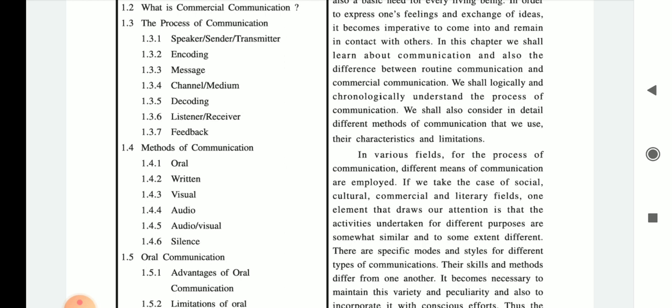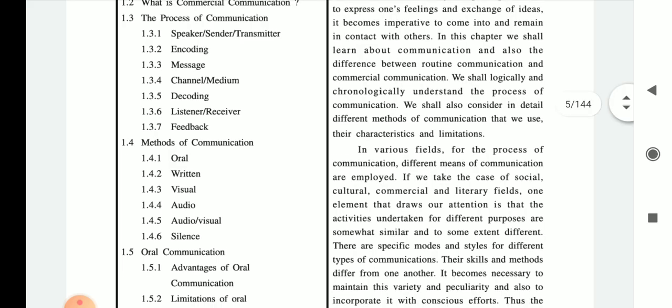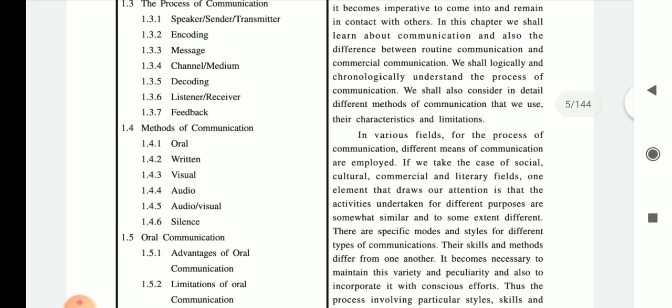But commercial communication means whatever ideas and interaction you conduct with some other business firm, that is known as commercial communication. Commercial means whatever procedure of communication is conducted for the purpose of the business area. That's why it is known as commercial communication.